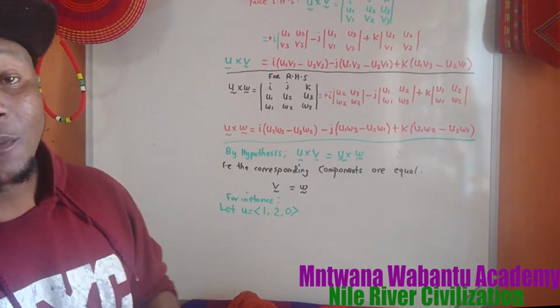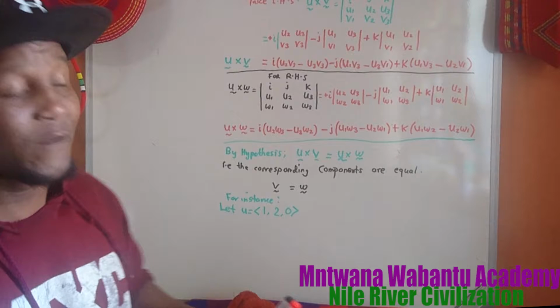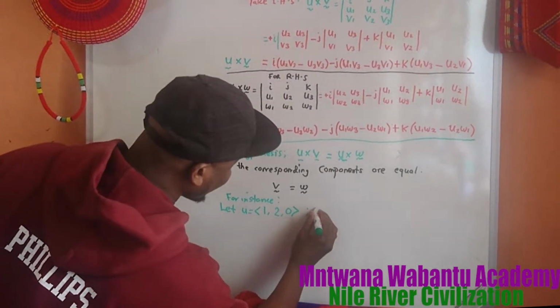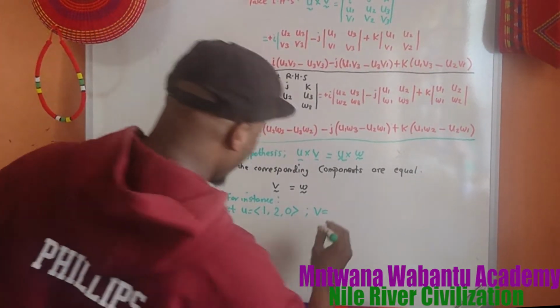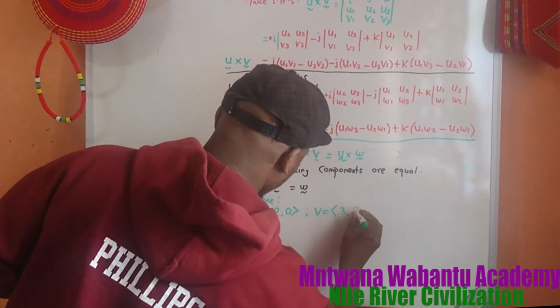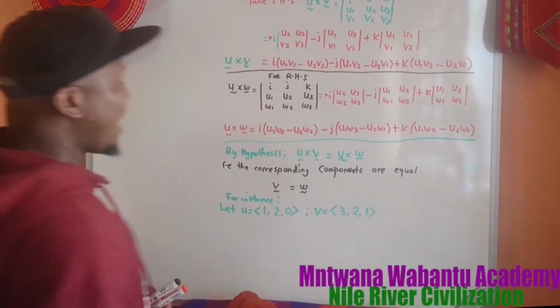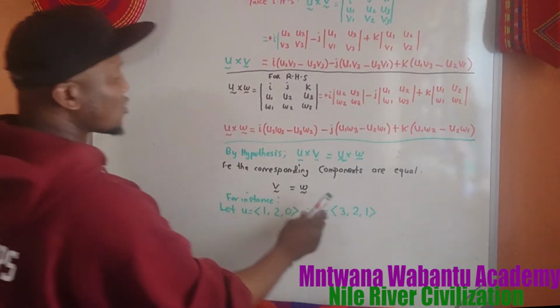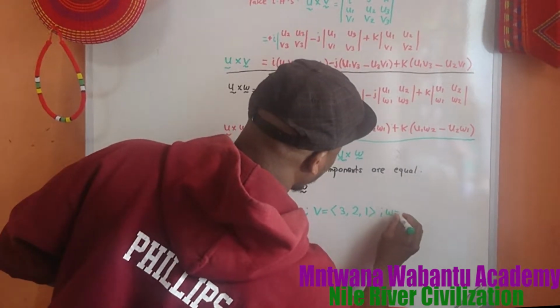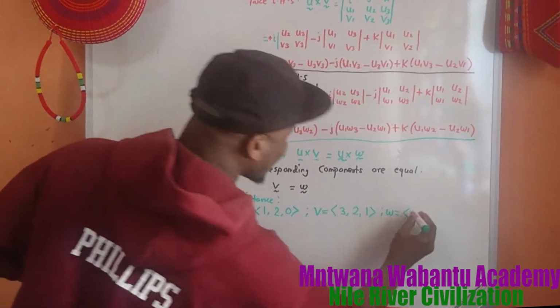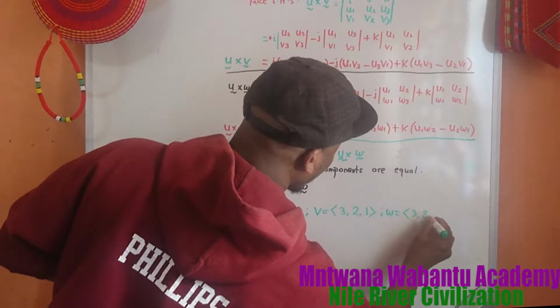Then let's go for V. Let's assume V is 3, 2, 1. Now for W, because you know V must be equal to W, W must be equal to V, which is going to be 3, 2 and 1.